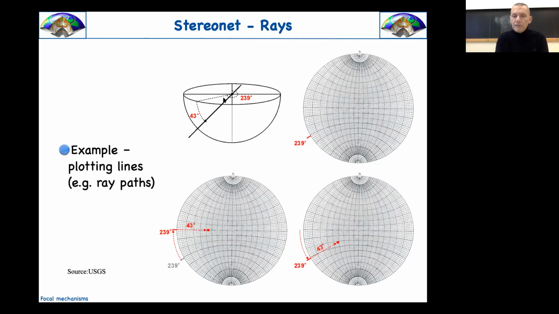And to trace this ray that is leaving the sphere, we have to use two angles. One gives the azimuth of the ray, and the other tells us how deep this ray was. So two angles to represent a point, and now this point does not have the physical meaning of being an axis of something or a normal to a plane, but it is a ray that is leaving the source. That ray will be plotted as a point.